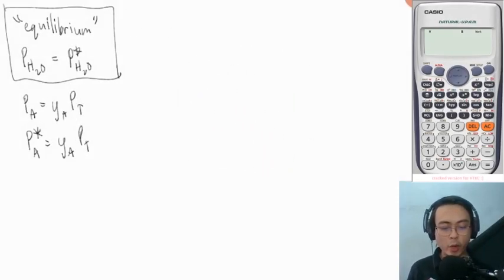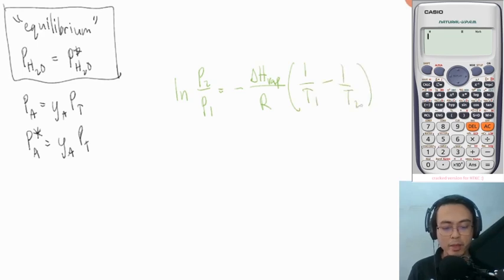One of your first introductions to the Clausius-Clapeyron equation goes like: ln of P2 over P1 is equal to negative delta H vaporization over R times (1 over T1 minus 1 over T2). This is one of your first introductions to the equation.